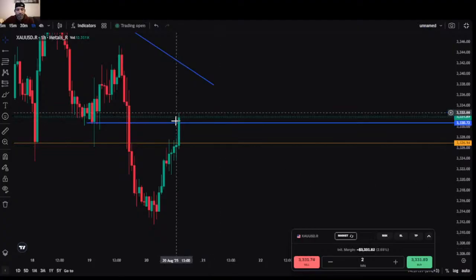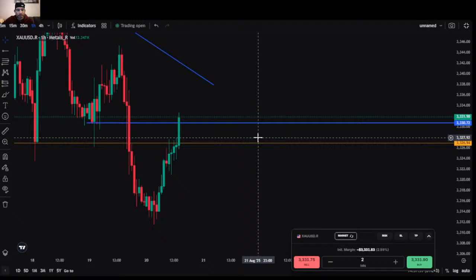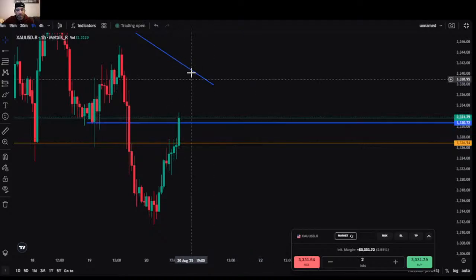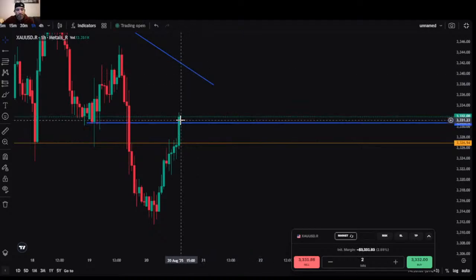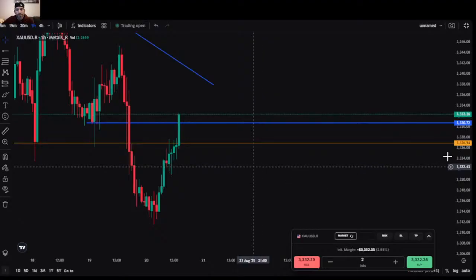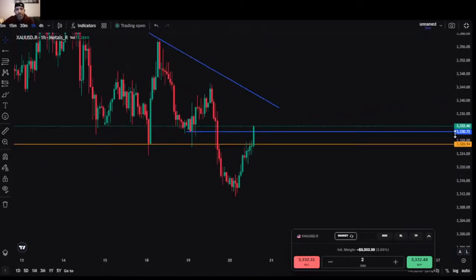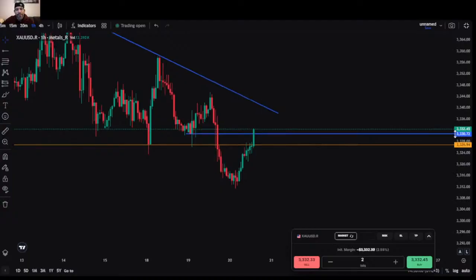If this candle closes back below here, we're probably gonna start moving back down, but otherwise, this thing might come up and retest. Yeah, it's possible it'll come and retest this trend line here.